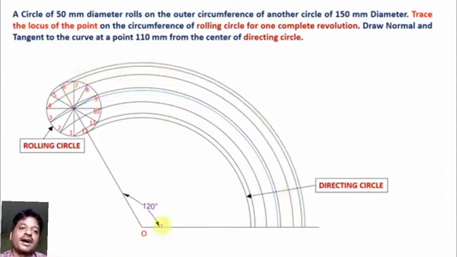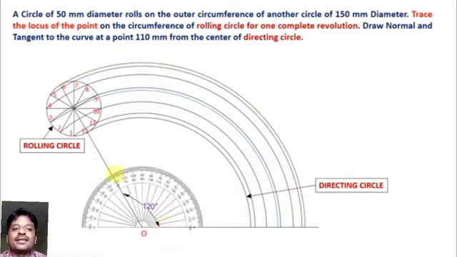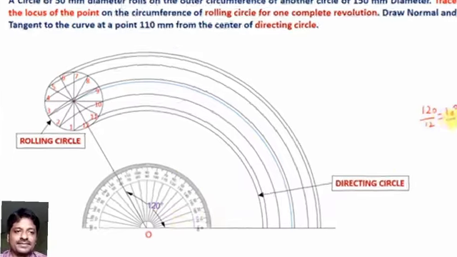Take the protractor and divide this 120 degree into 12 equal parts. Now please remember that however many parts you divide your rolling circle into, exactly the same number of equal parts you have to divide your directing circle into. And this is the condition. So in this case, it is 120 degree. So 120 can be divided into 12 equal parts, which means each division is going to be 10 degree.